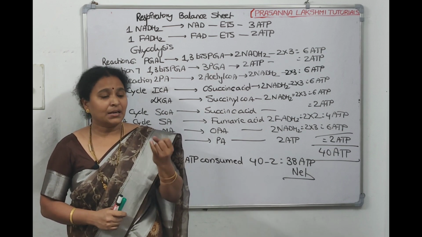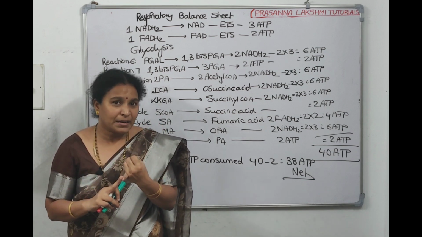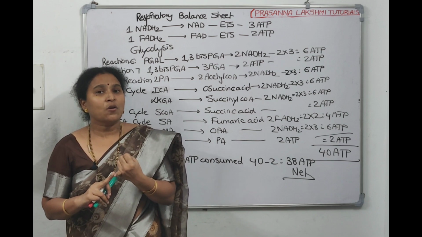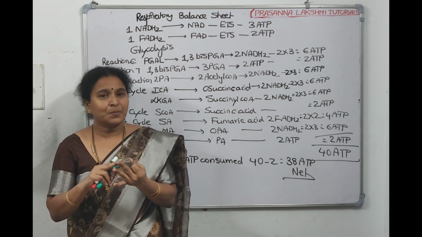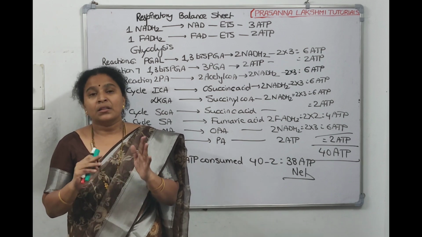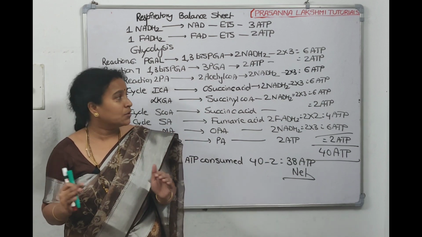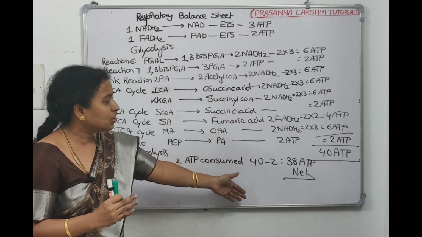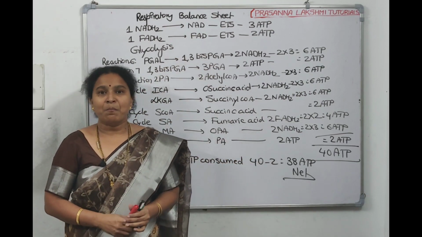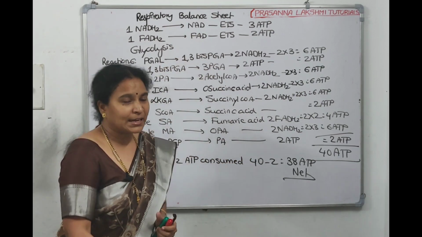We have to think that the person is taking only a carbohydrate diet and the steps are going in sequence: glycolysis, Krebs cycle, electron transport chain. The intermediates are not deviating. When we make all these assumptions, only then can you calculate this balance sheet of 38 ATP molecules. Take a screenshot, we'll continue.